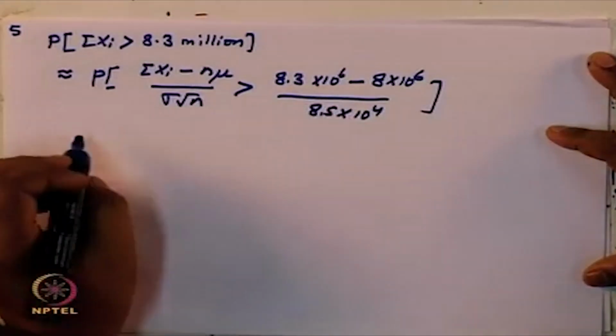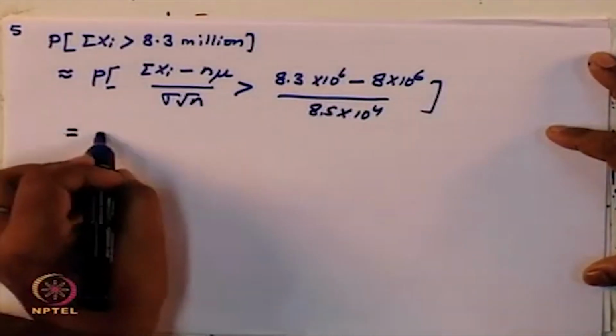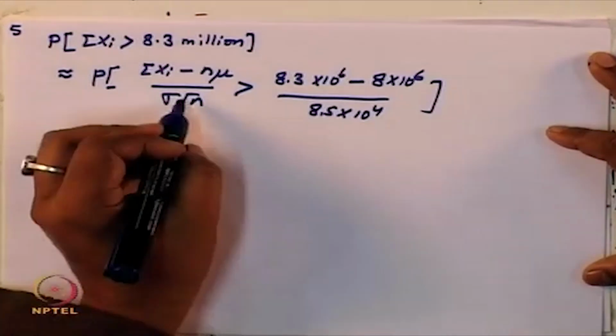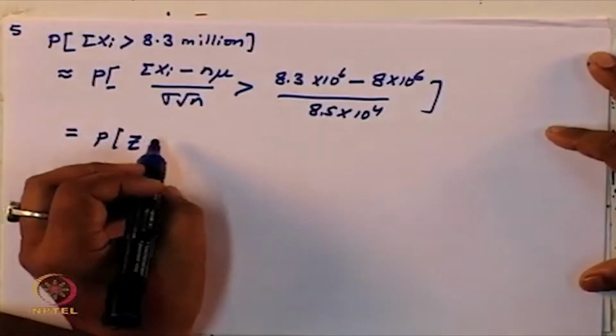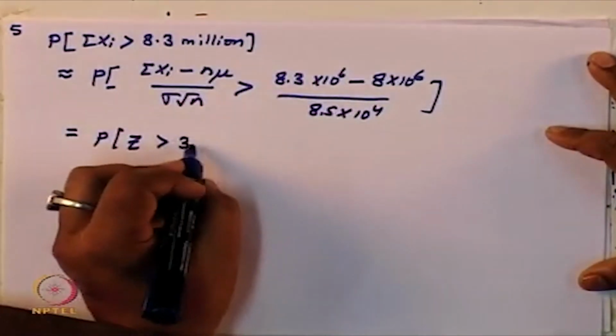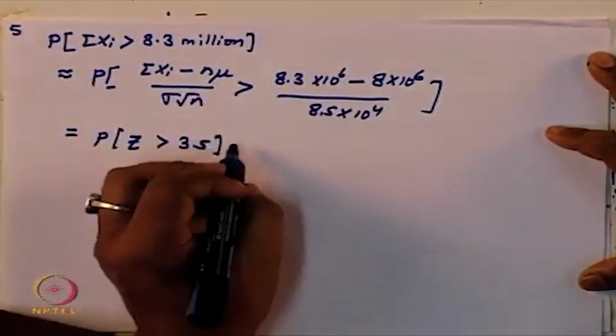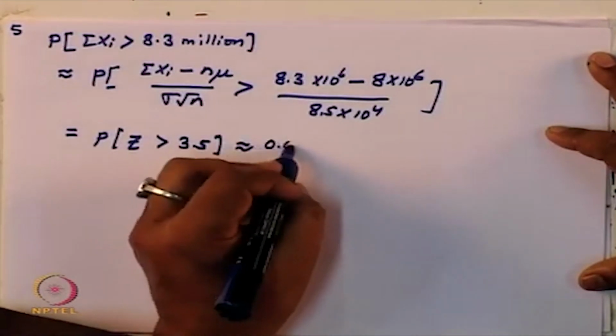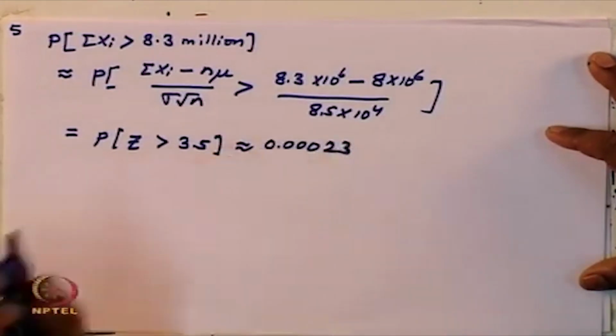Okay. So, this is your standard normal variable now. So, this is z greater than, if you plug in the values, this will give you a value of 3.5, and this comes to approximately 0.00023.